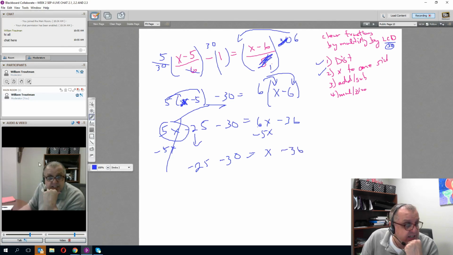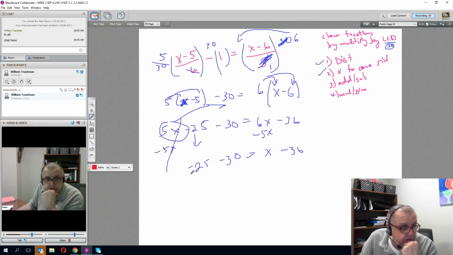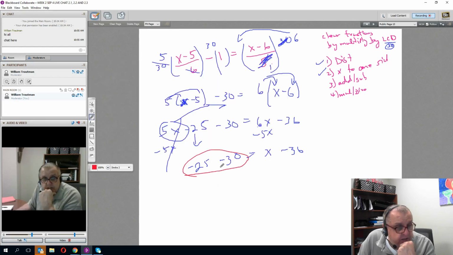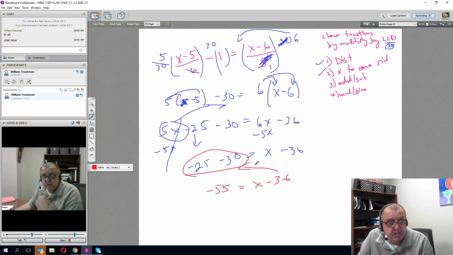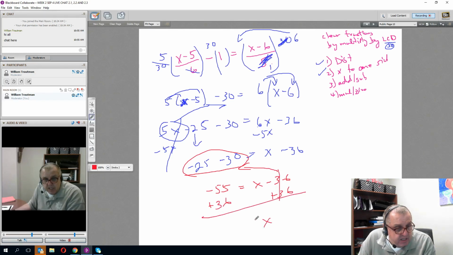And the last thing I need to do is, well, there's actually 2 steps we can do here. Combine those. Negative 25 minus 30 on my calculator says negative 55. So I just need to take this minus 36 to the other side. Then I have x by itself. I'm going to add 36. The opposite of minus 36 is add 36. And this is what I'm left with.